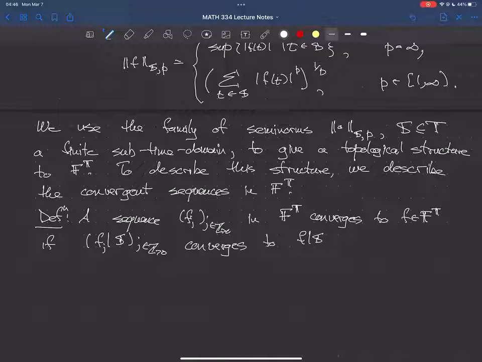Okay, so now I'm going to choose an S, and then I'm going to restrict all of my signals to S. Now S is allowed to vary here, but once you fix an S, for the set of signals restricted to S, this is a norm. So it converges to F_S in the norm.